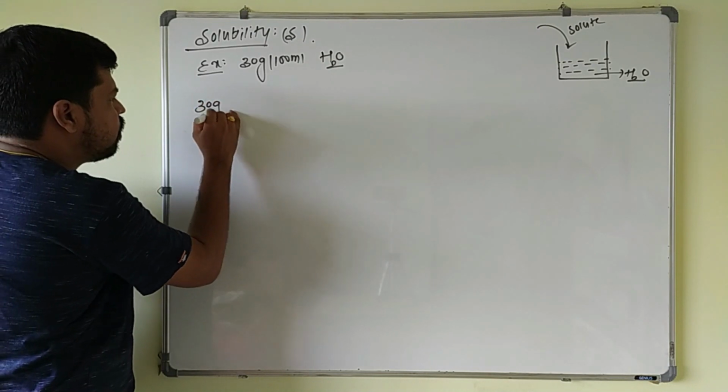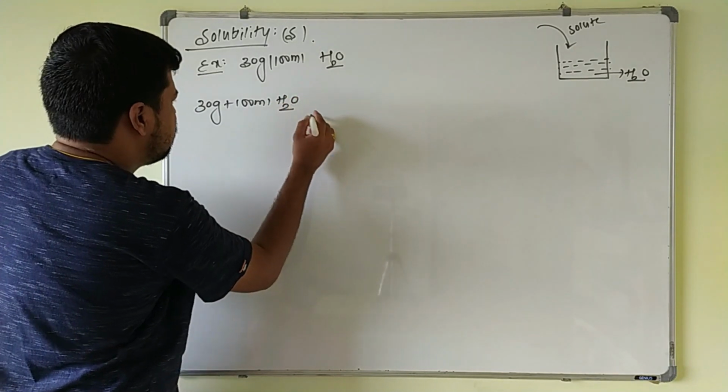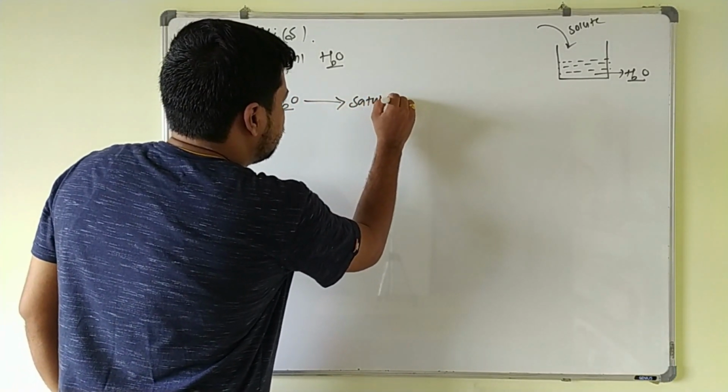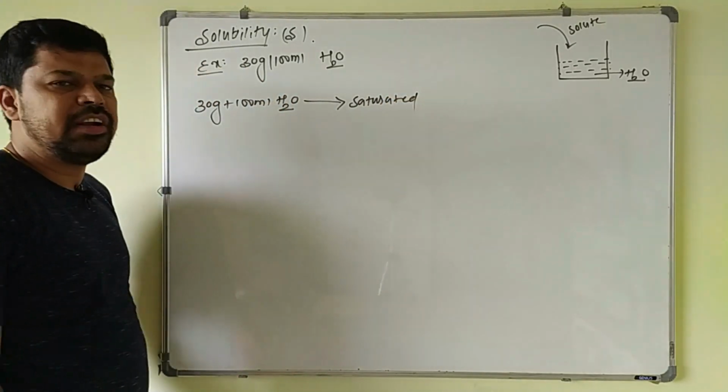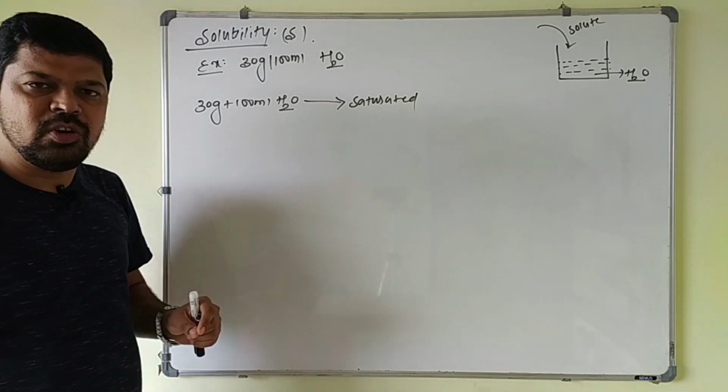Suppose 30 gram of solute is present in 100 ml of water, then that solution is called a saturated solution, because more than 30 gram of the solute is not present in the solution form.